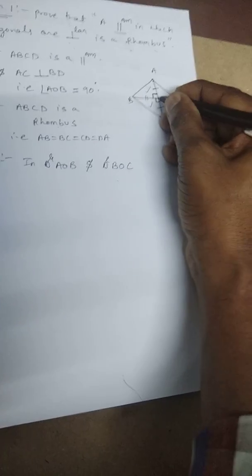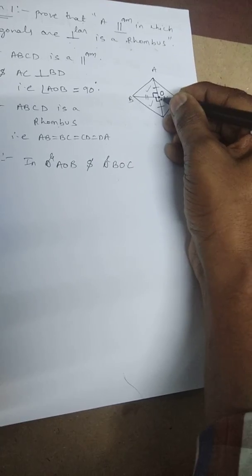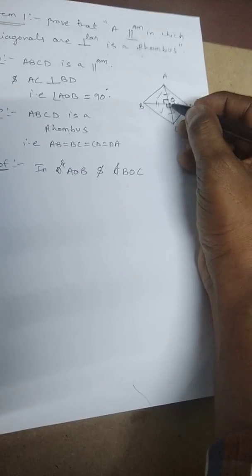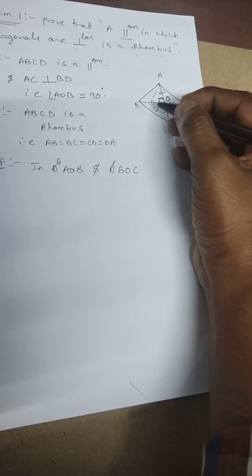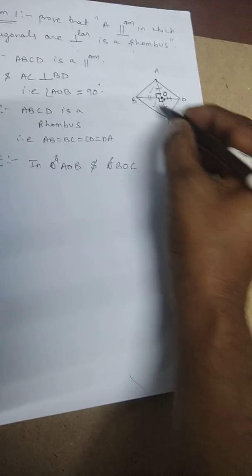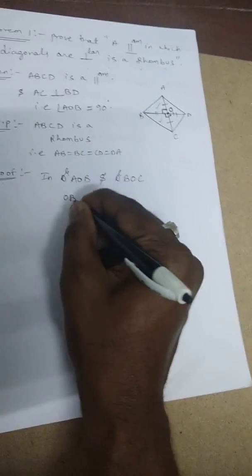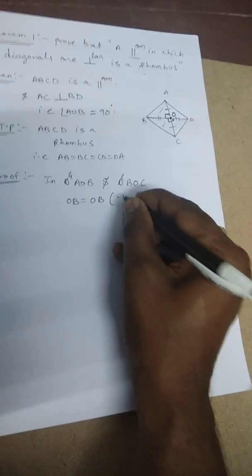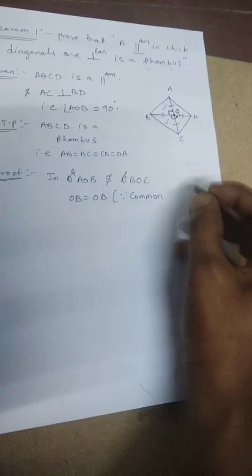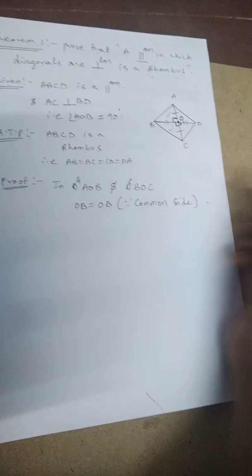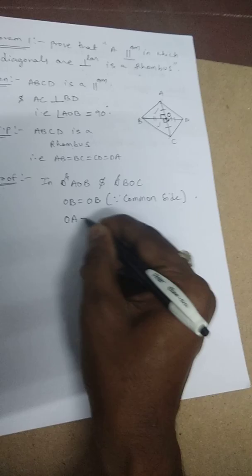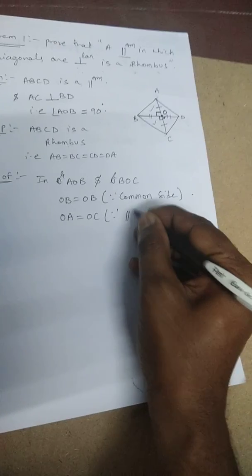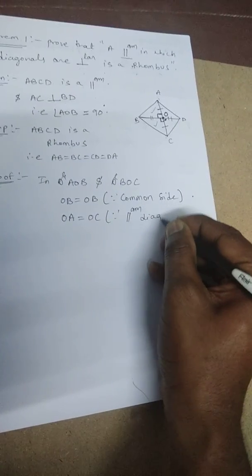This point is O. In these two triangles, OB is the common side, OB is equal to OB. And OA is equal to OC, since in a parallelogram the diagonals bisect each other.